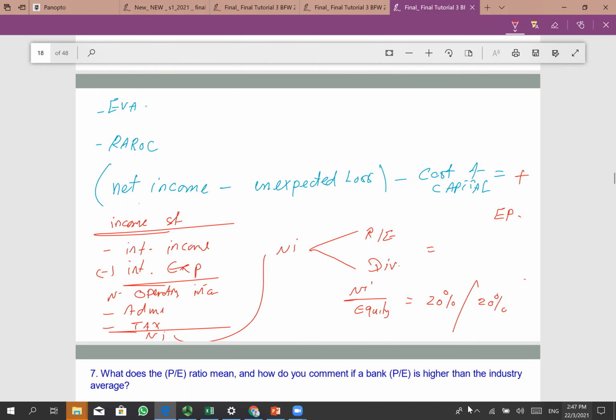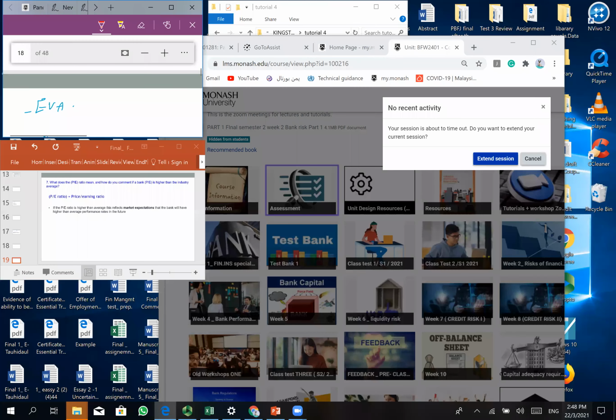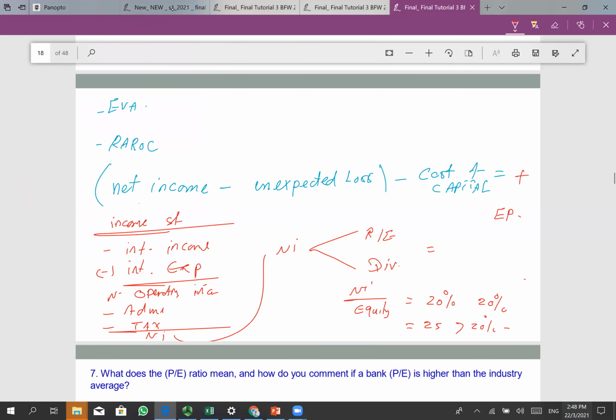But if the net income over the equity is 25%, which is now more than the 20%, that 5% is actually what we call economic profit.